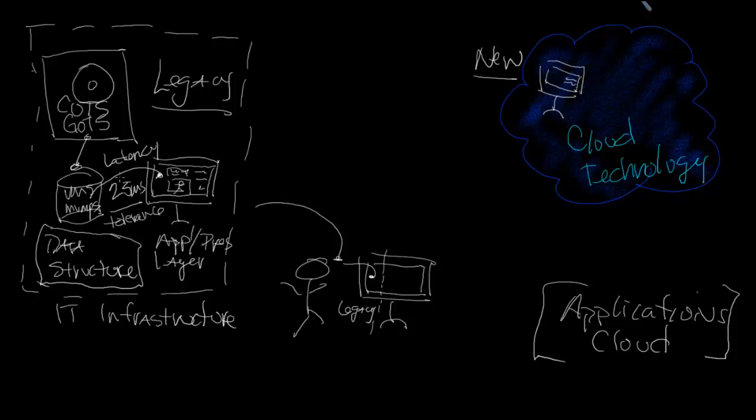Okay, so we're going to move this, but now we've got to communicate back to this data structure that sits here, because we're not going to move the data structure into the cloud environment right now. It may not support it, or we may have multiple applications in our legacy environment still. So we need to make sure that the latency is less than 25 milliseconds.